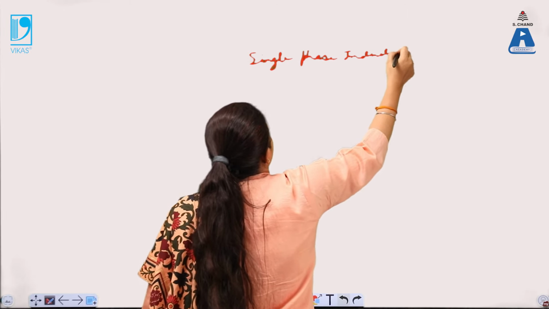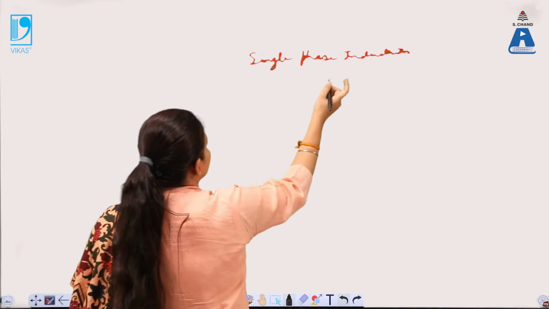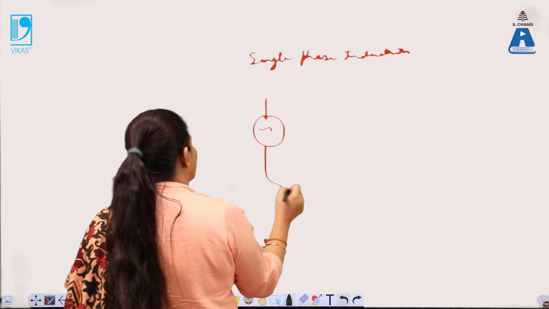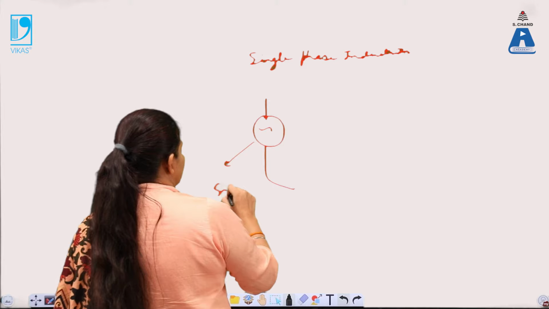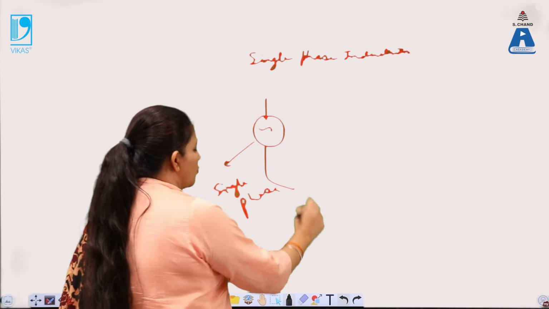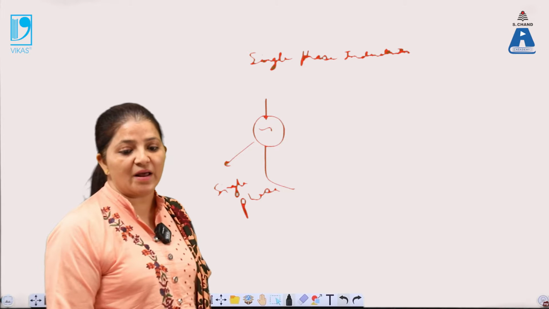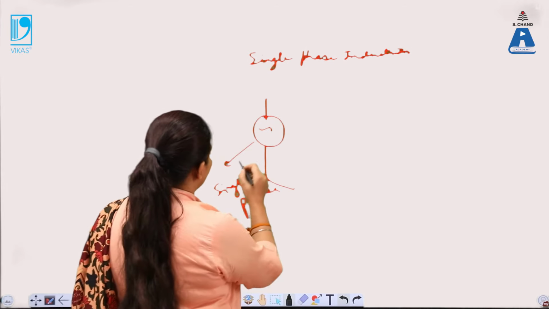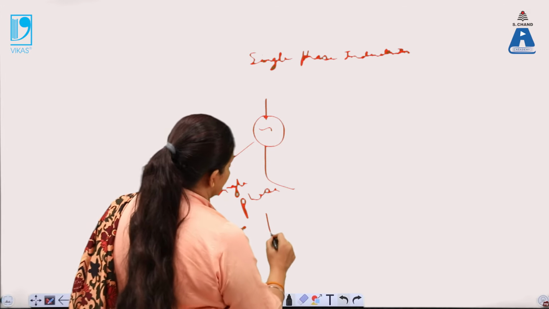And in the single phase induction motor, the power supply is given in single phase, means only a single power supply is given over here. So here the single phase power supply is AC.